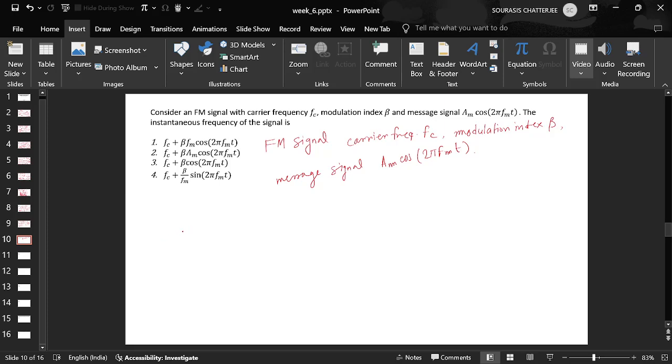For a frequency modulated signal, we basically modulate the frequency of the signal. So if the unmodulated carrier looks something like this, Ac cos 2 pi fc t, the instantaneous frequency expression for an FM signal is Fc plus Kf m(t), right?